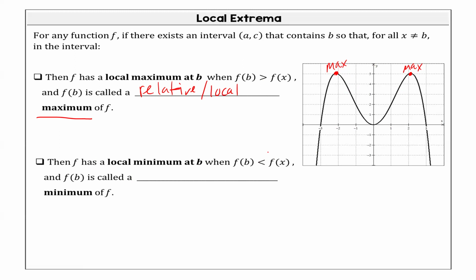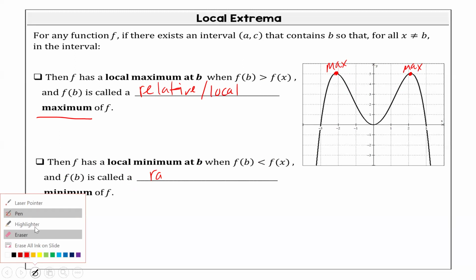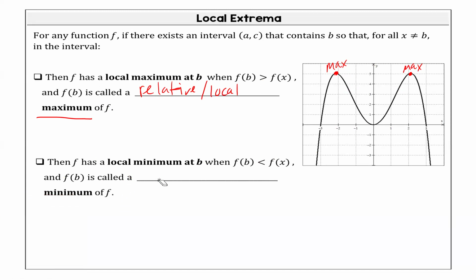Your local is just saying it's creating that mountain. All right, our local minimum. Again, it can be called a relative or a local minimum.